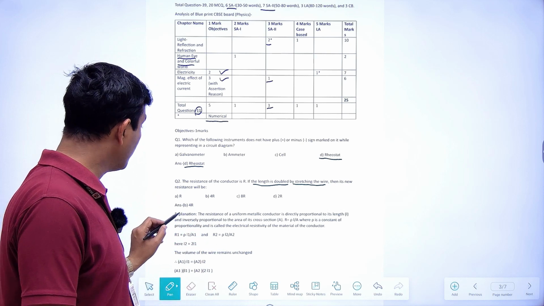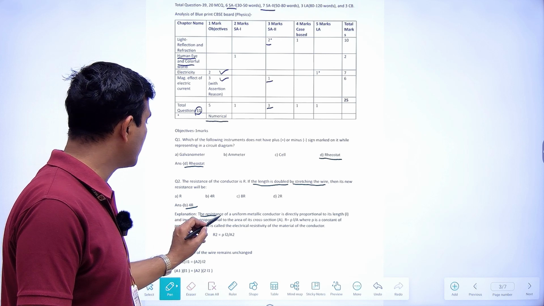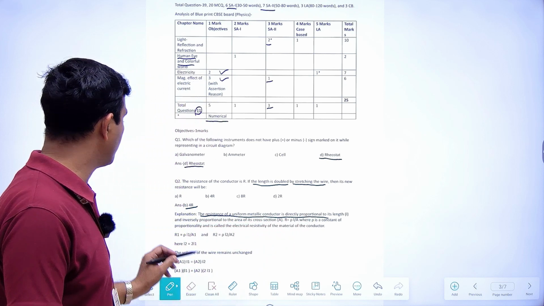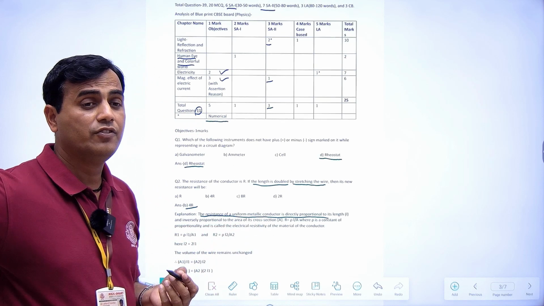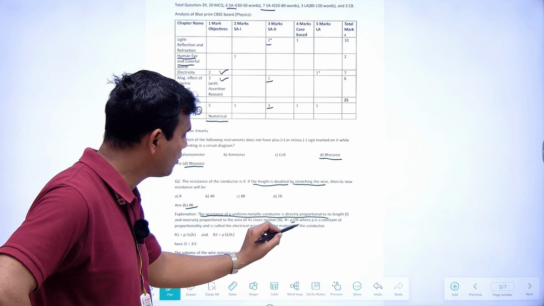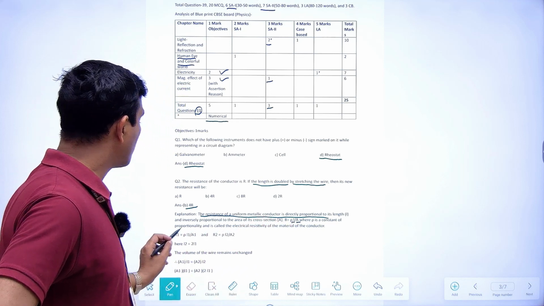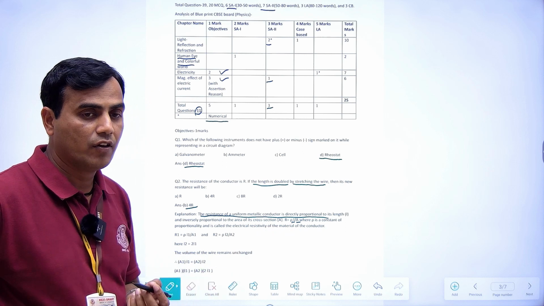So here the answer will be 4R, and the explanation is: the resistance of a uniform metallic conductor is directly proportional to its length and inversely proportional to the area of cross section. As we know, R equals rho L upon A, where rho is a constant of proportionality called the electric resistivity of the material of the conductor.